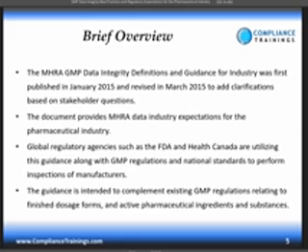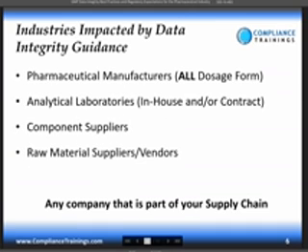The document provides MHRA data integrity expectations for the pharmaceutical industry, but global agencies such as the FDA and Health Canada are utilizing the guidance along with GMP regulations and national standards in their respective areas in order to perform inspections of manufacturers. The guidance is not necessarily standalone, but it's meant to complement existing GMP regulations that are related to finished dosage forms, active pharmaceutical ingredients, and substances.